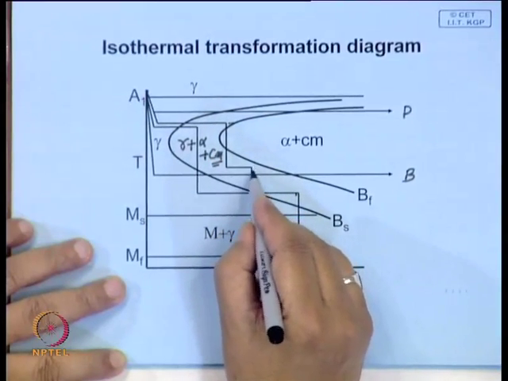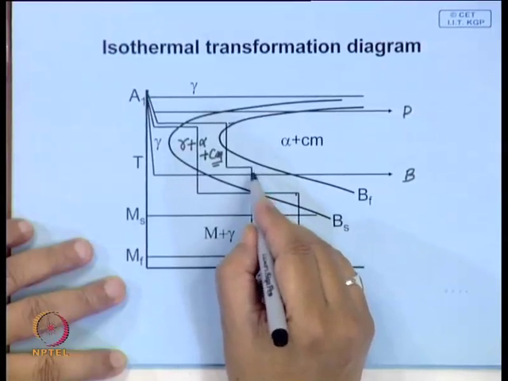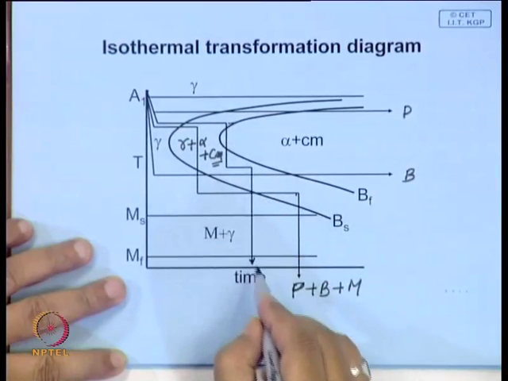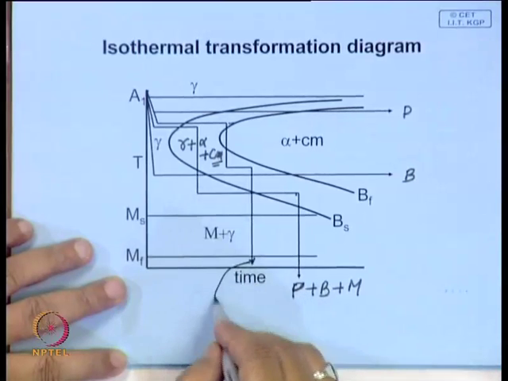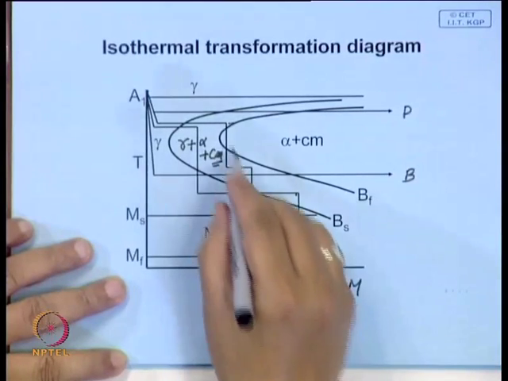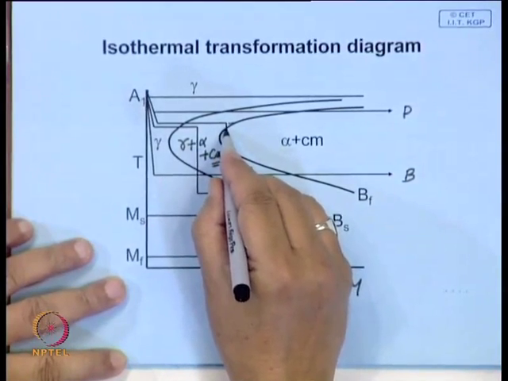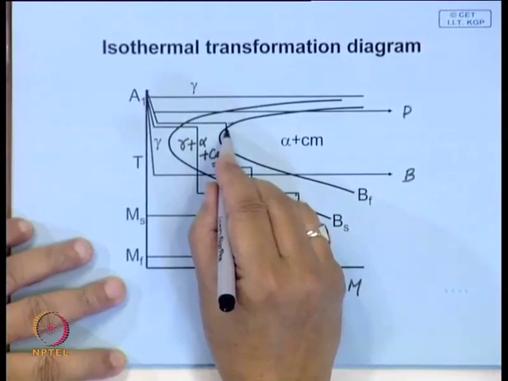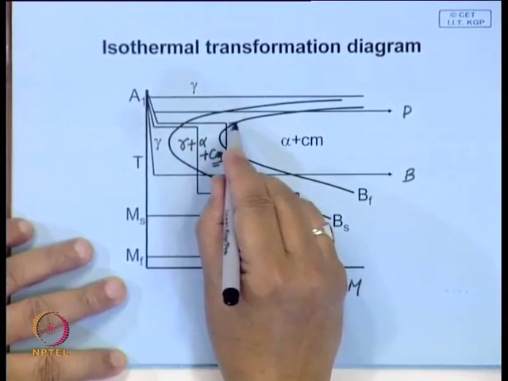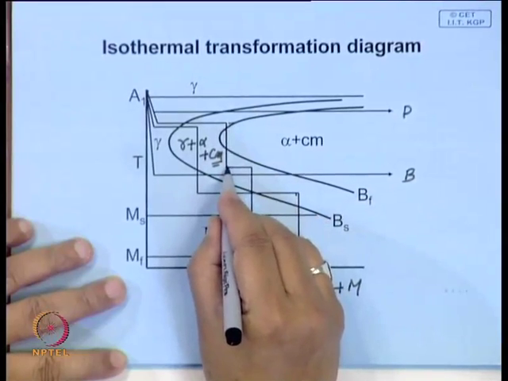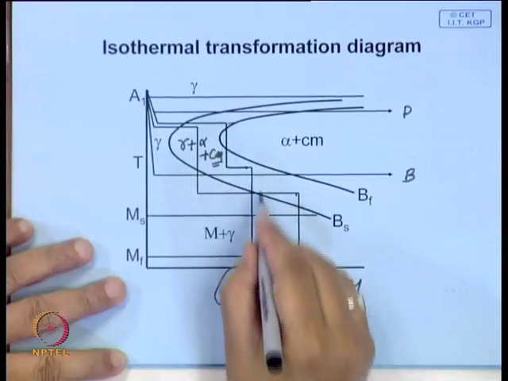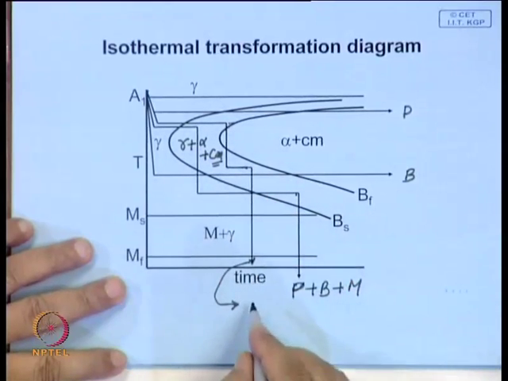And finally, if there is something left untransformed, if you quench from here, it can get transformed into Martensite. So, here also, although it is crossing this line, it does not mean that this Pearlite transformation is complete. This untransformed portion will undergo transformation isothermally here partly, and when you quench, the remaining portion will get converted into Martensite.